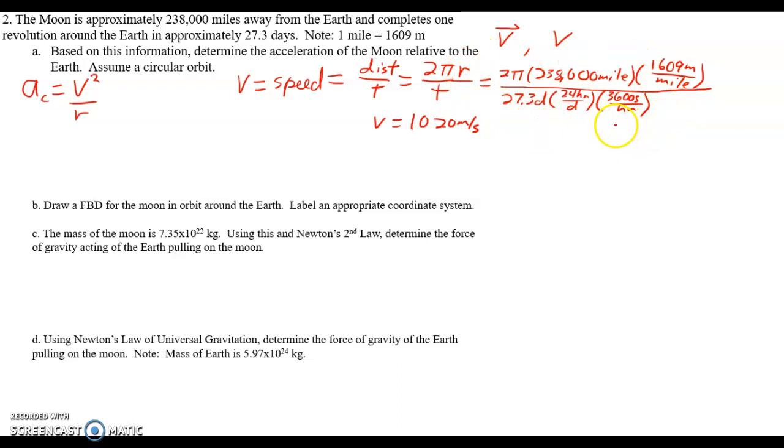You just need to make sure you use parentheses correctly. The parentheses that I've shown here would not be the quickest way to do it in your calculator. What you really need parentheses around would be this to here, to make sure it calculates correctly. So then a_c is equal to v squared over r. And if you did calculate that radius separately, then you wouldn't have to repeat this.